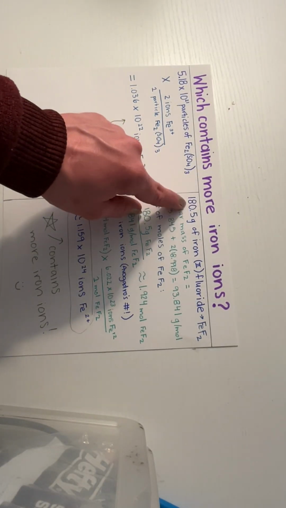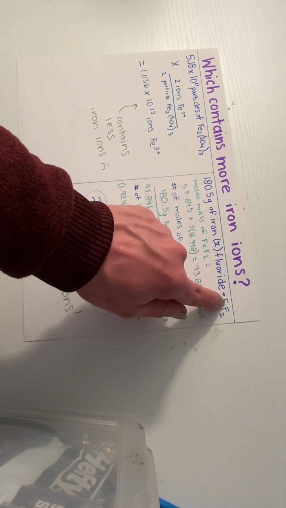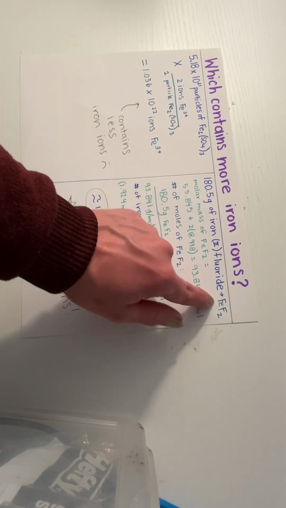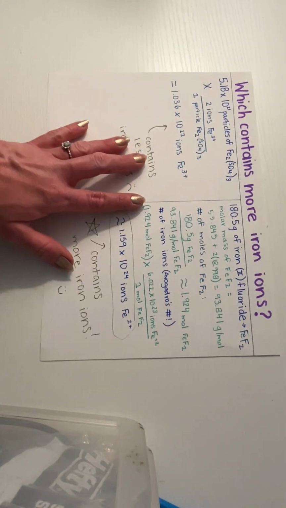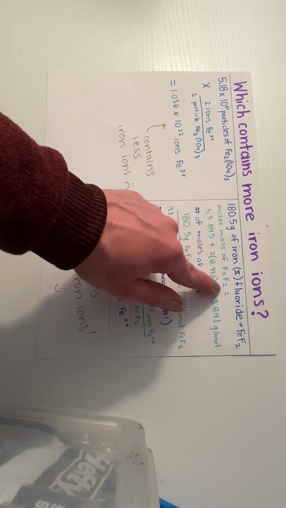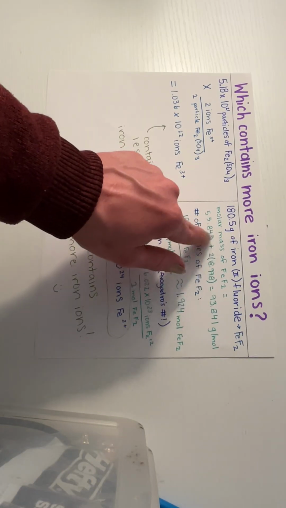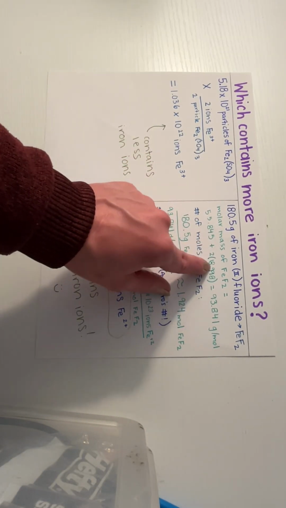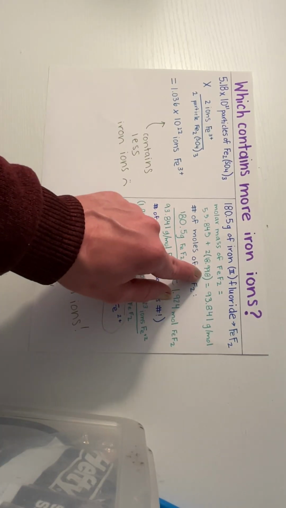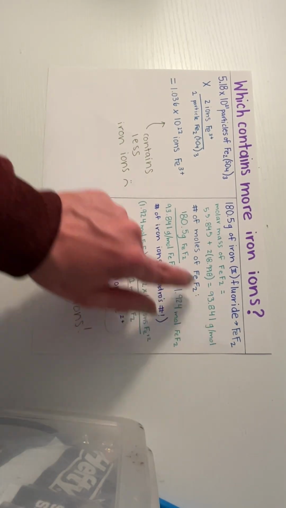And then 180.5 grams of iron(II) fluoride. And the formula is going to be FeF2, which we also used already. So first we're going to calculate the molar mass of iron fluoride. So 55.845 plus 2 times 18.998, because there's two fluorines, is going to equal 93.84 grams per mole.